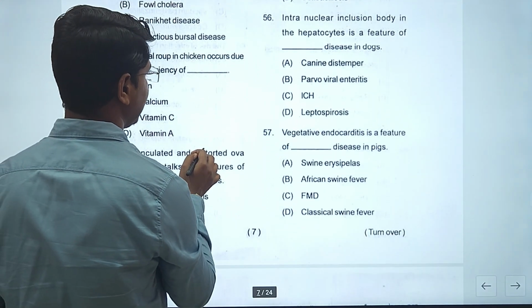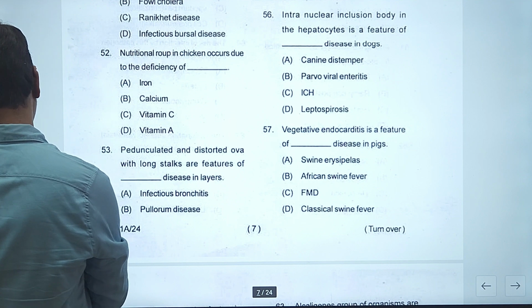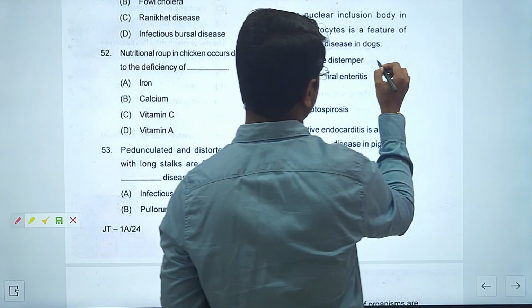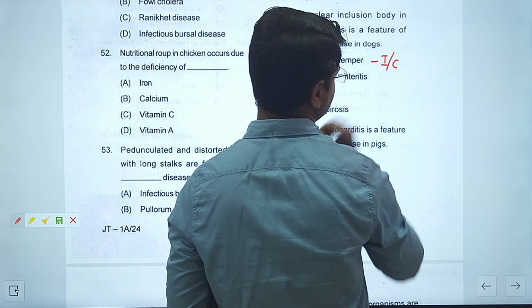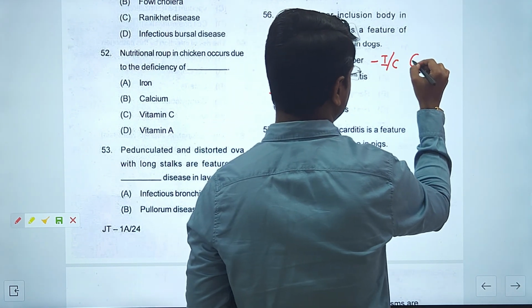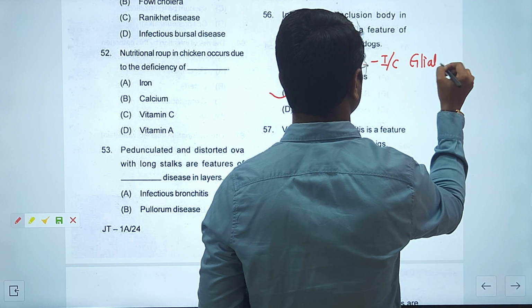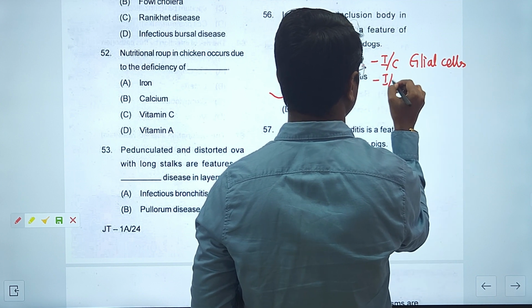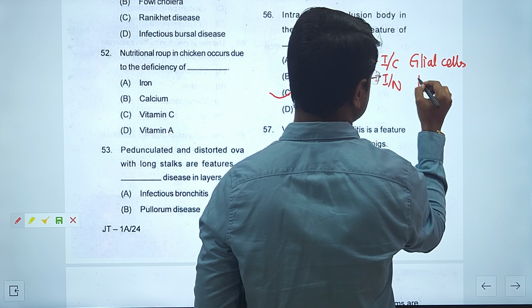Intranuclear inclusion body in the hepatocyte is a feature of ICH, infectious canine hepatitis. In case of canine distemper, you will find intracytoplasmic inclusion bodies in the glial cells of the brain. Parvoviral enteritis, you will find intranuclear inclusion bodies in the intestinal cells.